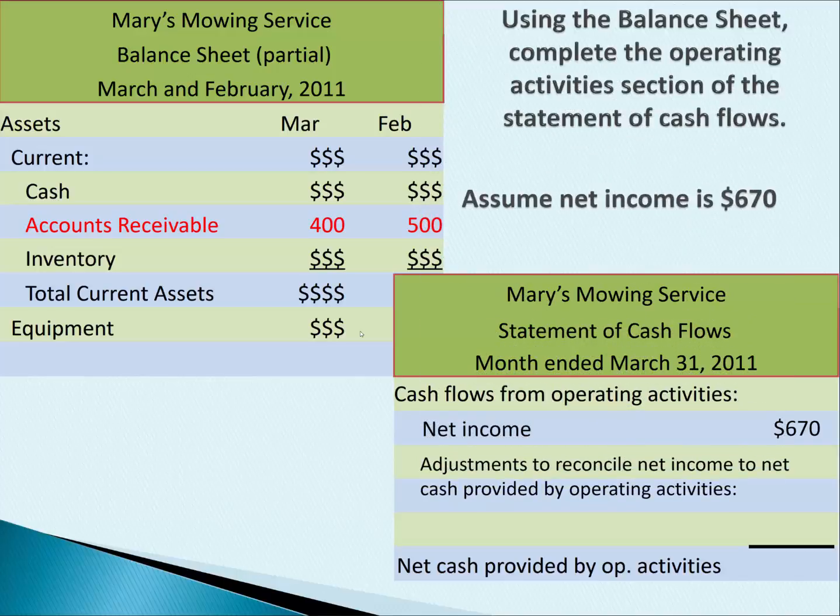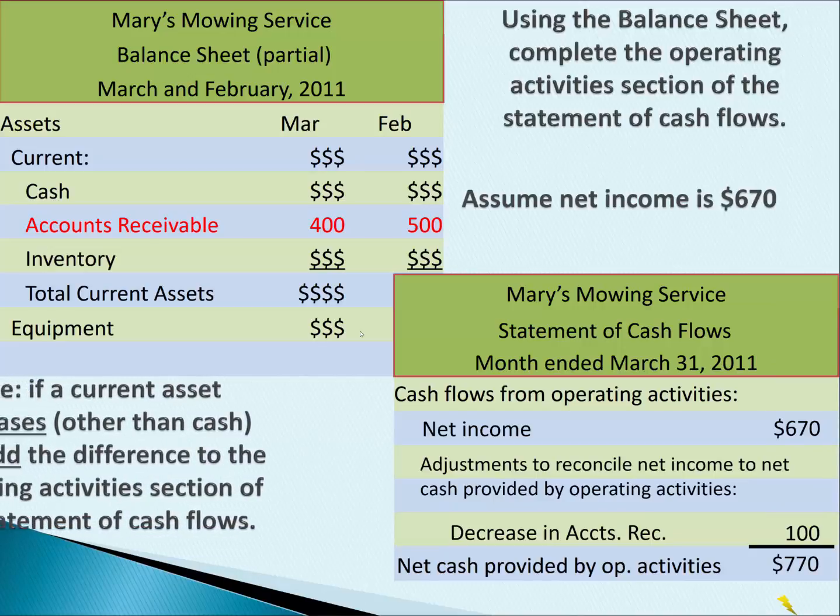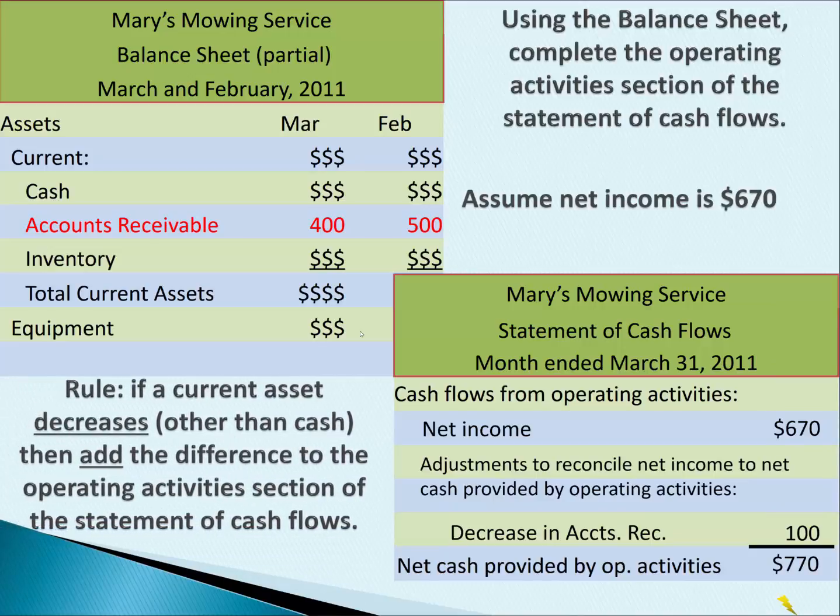And so what do we do with this $100 decrease in AR? Well, we said if AR decreased, then cash must have gone up, so we have to add that $100. So this company's net cash provided by operating activities is $770. So that's our first rule. If current asset decreases, then add the difference.